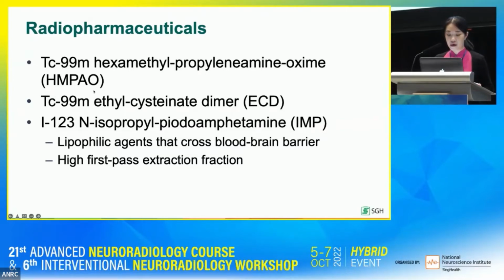The other one is Tc-99m ECD. Both of them are similar. And there's a third one, iodine-123 IMP, which is currently only available in Japan. These are lipophilic agents that can cross the blood-brain barrier and have a high first-pass extraction fraction.